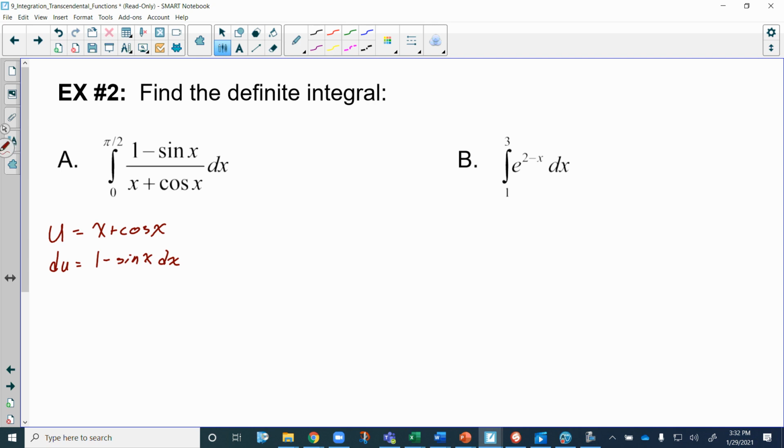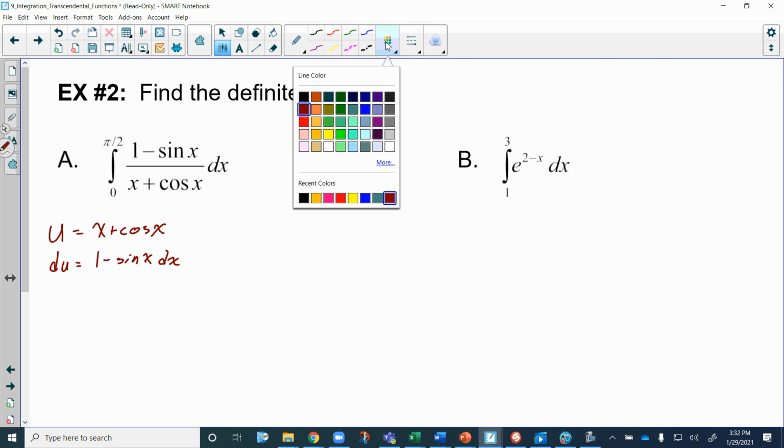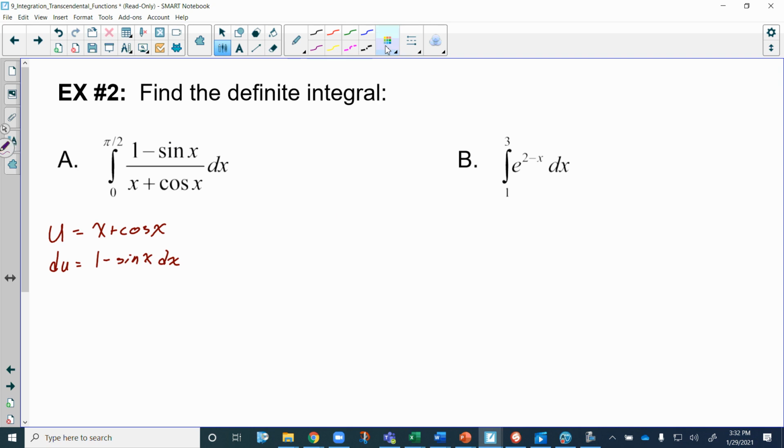Now what we're going to do is ask ourselves, when x is equal to the lower bound and the upper bound, what is u going to be equal to? So here, when x is equal to the lower bound, we're just taking that 0 and substituting it into our u expression.